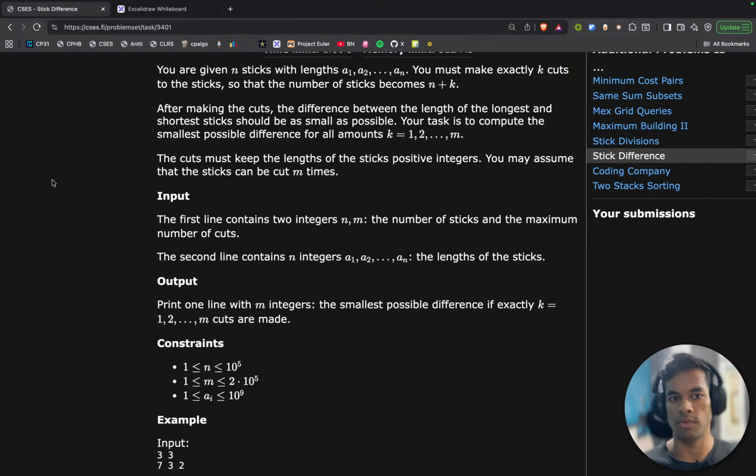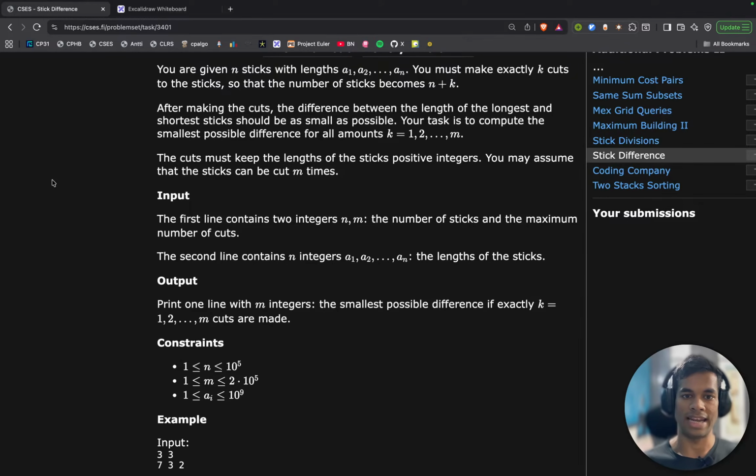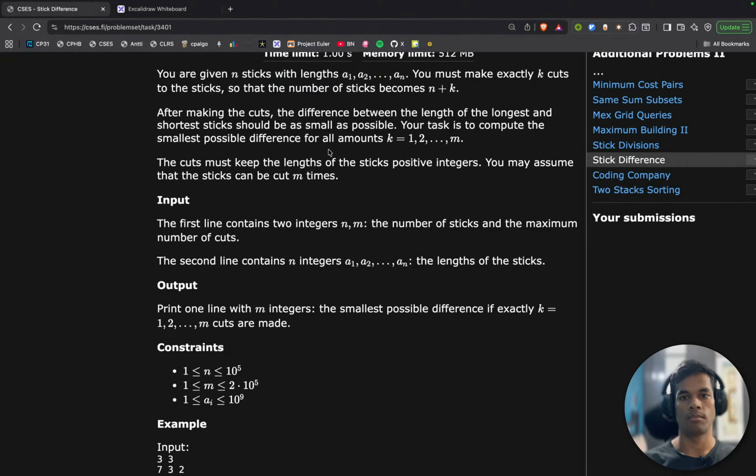You may assume that the sticks can be cut k times.